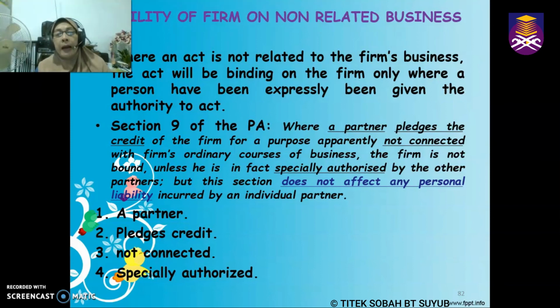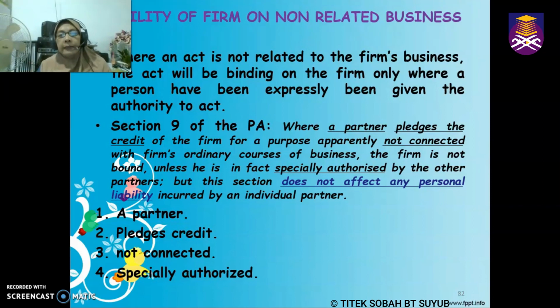the firm will still be bound. However, this person must be given special authorization, and then only will the firm be bound. However, it does not affect any personal liability incurred by an individual partner. Yes, the firm will be bound though this is not connected with the ordinary business of the firm.